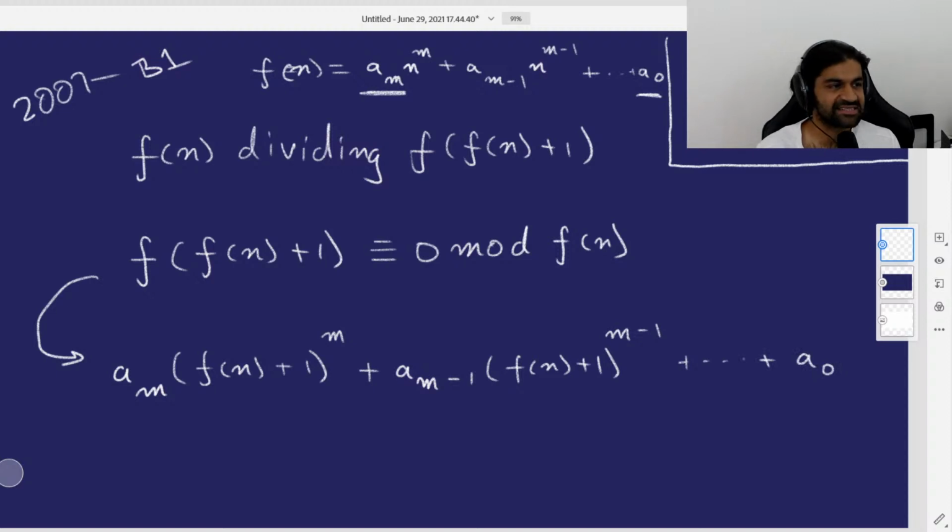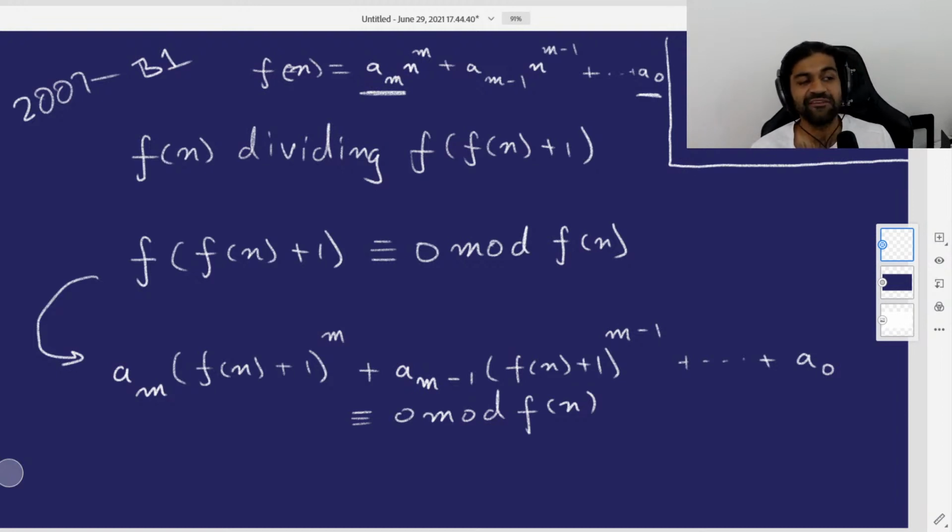And we're saying that this is congruent to 0 mod f of n. Okay? But here's the thing. f of n is congruent to 0 mod f of n, right? So in other words, f of n is 0 mod f of n. So you can replace each of the f of n's here with 0 because their remainder when you divide by f of n is 0.